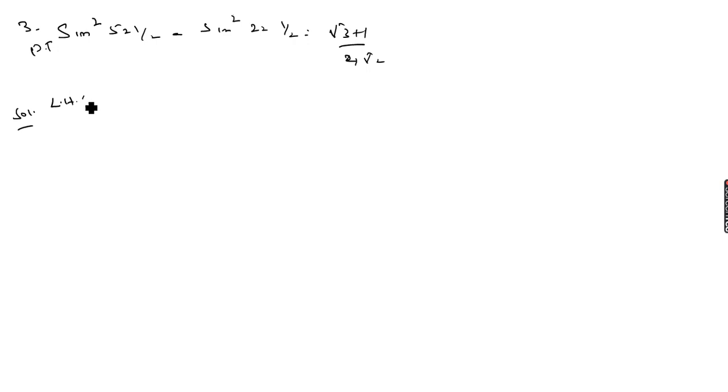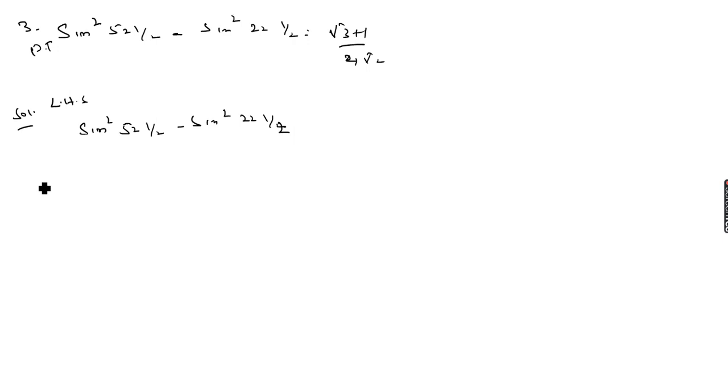We need to prove that sin square 52 and a half minus sin square 22 and a half is equal to root 3 plus 1 by 4 root 2. Prove that. The solution is, we take the LHS, that is sin square 52 and a half minus sin square 22 and a half.